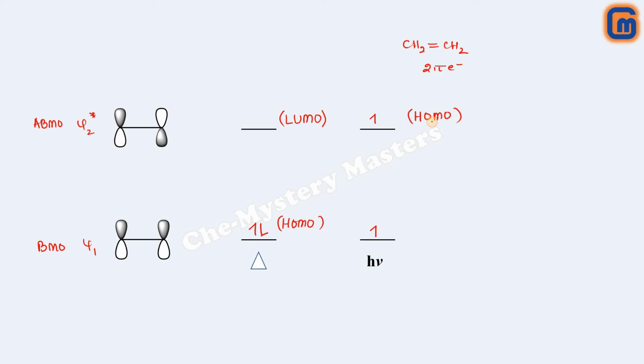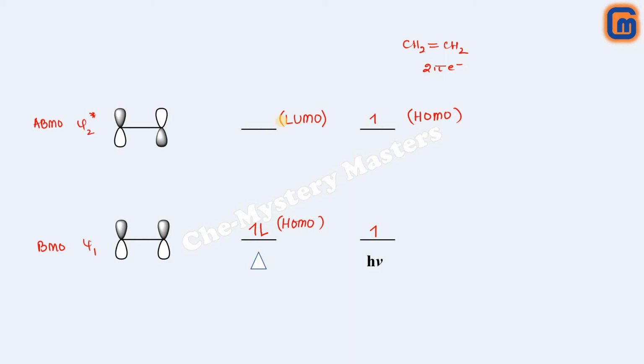That's why in hν condition, psi2 star would be termed as the HOMO, while in the case of hν condition in ethene, there will be no LUMO, meaning there is no orbital without an electron. So no unoccupied orbital is there. That's why the concept of LUMO in the hν condition in ethene doesn't exist.